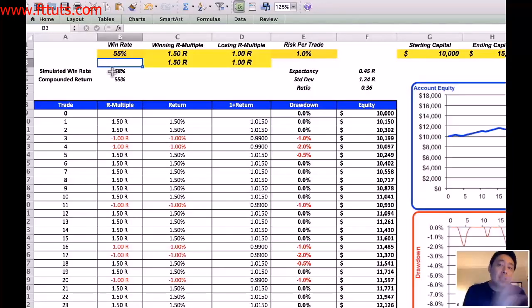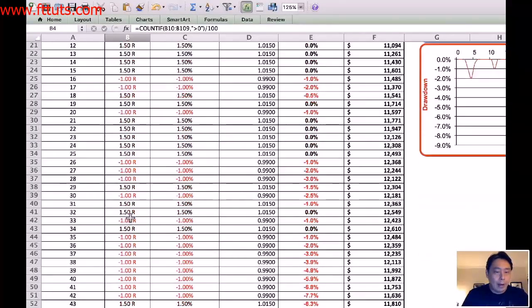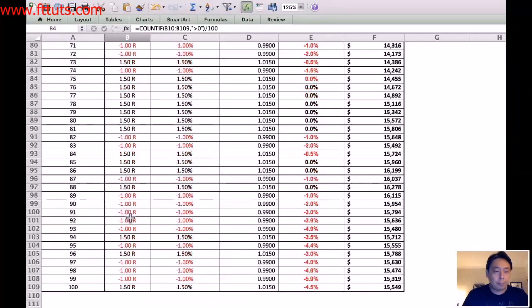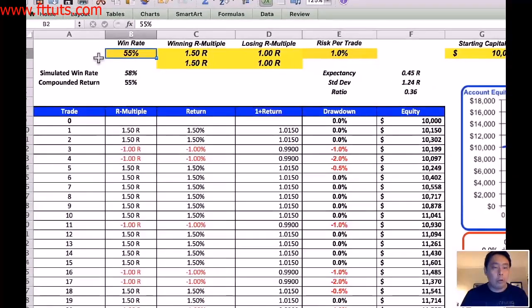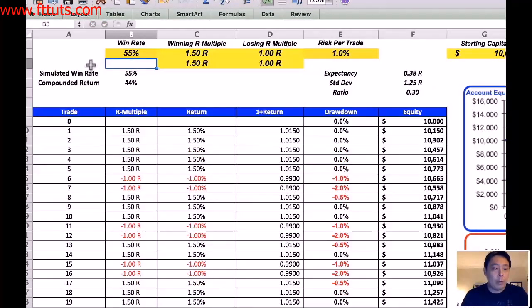Sometimes I may get 60 heads and 40 tails, or 40 heads and 60 tails. So every 100 times, there's always a difference depending on the luck factor, randomness. This accounts for the random win rate over 100 trades. So every time you trade 100 trades with a 55% win rate strategy, you will get a different result depending on the randomness. Does it make sense? Okay, great.